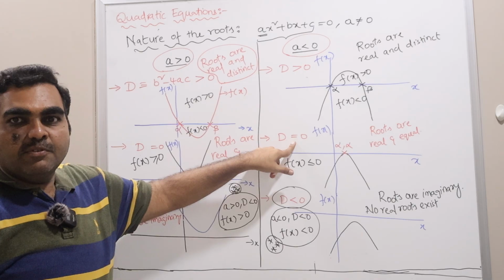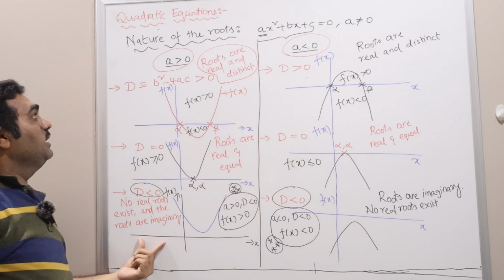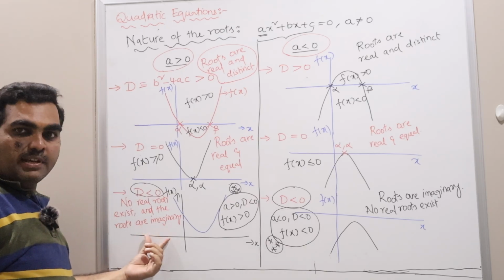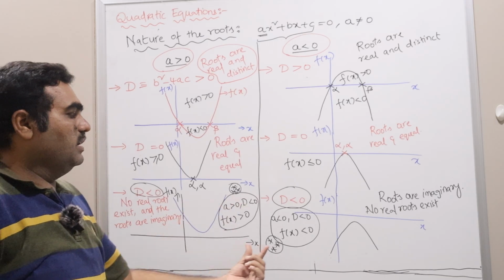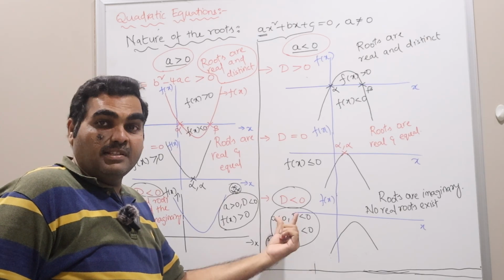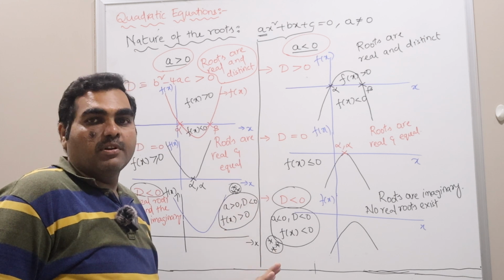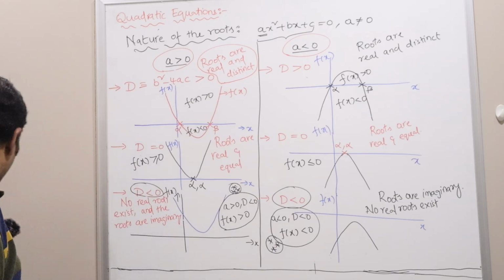In a is less than 0 case, f of x is less than or equal to 0. If a is greater than 0, f of x is always positive if a is greater than 0 and d is negative. F of x will be always negative for all values of x if a is less than 0 and d is less than 0. Okay, these things are very, very important. You need to remember.